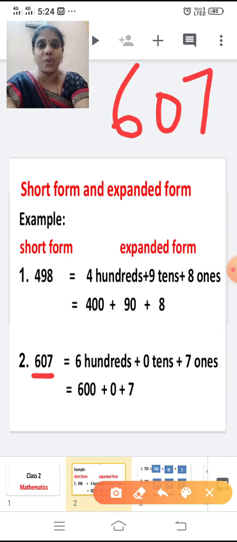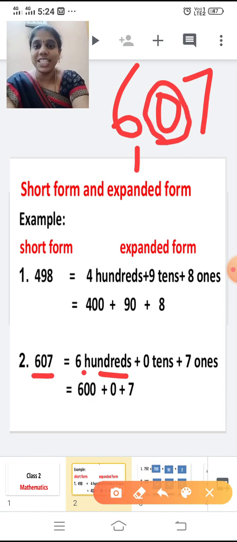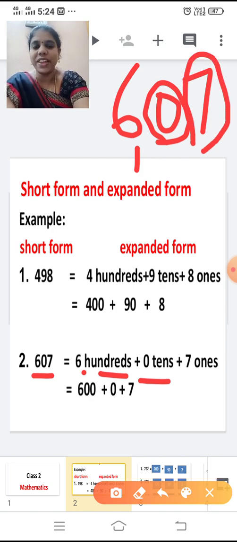Second one, 607. This we are going to write in expanded form. Now 6 is in the hundreds place, right? So 6 hundreds. 0 is in the tens place, so 0 tens, plus how many ones? 7 ones. 6 hundreds, 0 tens and 7 ones.